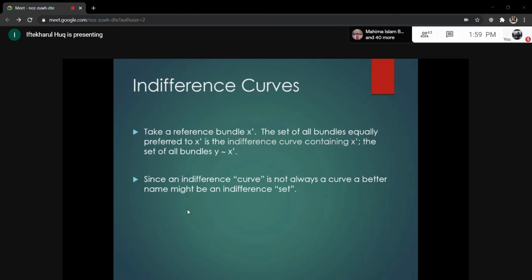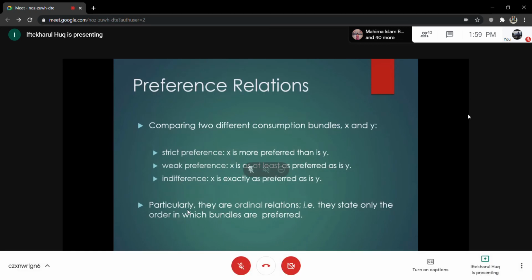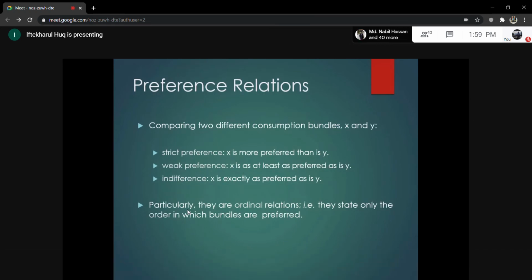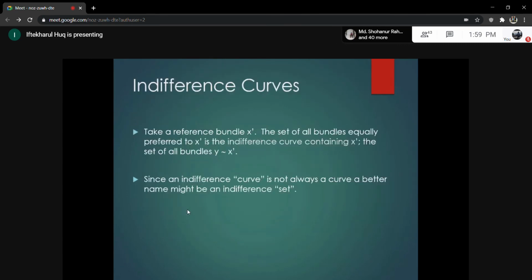Equally preferred means which one? Can someone tell me? Strict preference, weak preference, or indifference? Sir, indifference. Absolutely. So the indifference curve is saying that all the combinations on this particular curve should be indifferent to each other. In terms of your own preference, any one of the allocations, any one of the bundles is supposed to give you the same level of satisfaction.